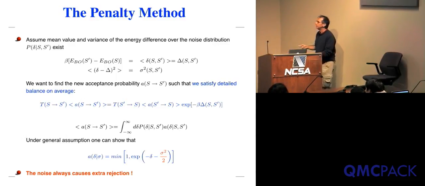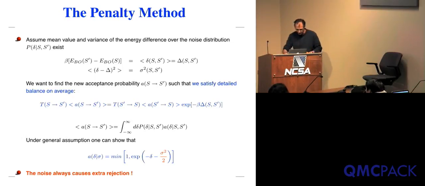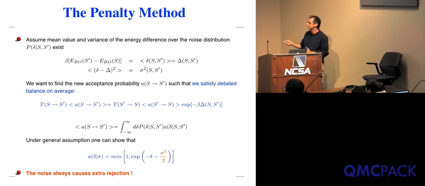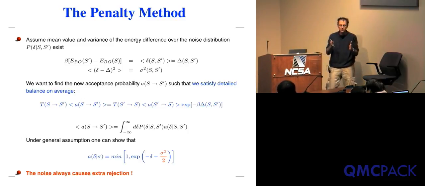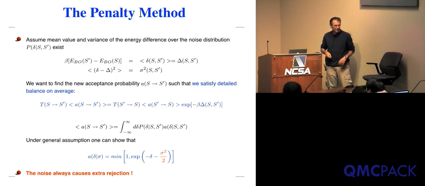Now, you see that there is always an extra rejection. The noise causes extra rejection. So if the noise is very large, so if you do a very short QMC calculation, then you always reject because of the noise.